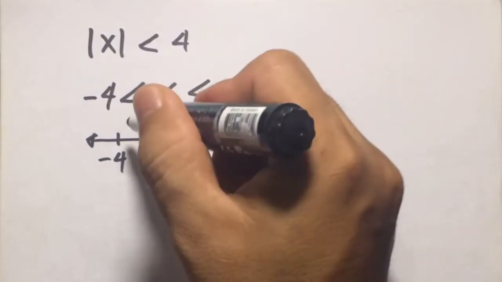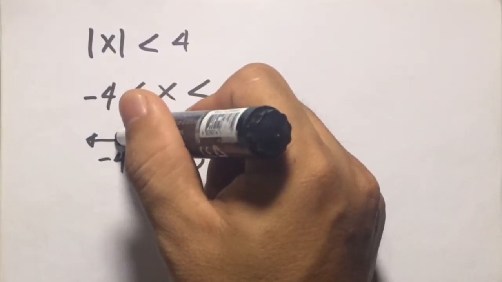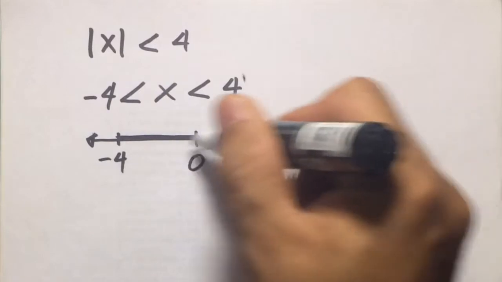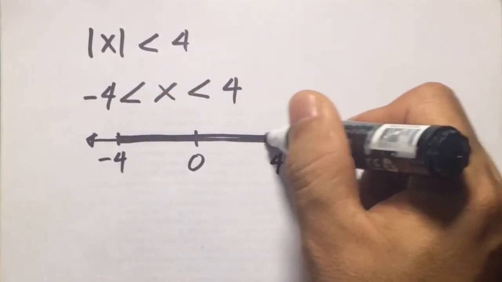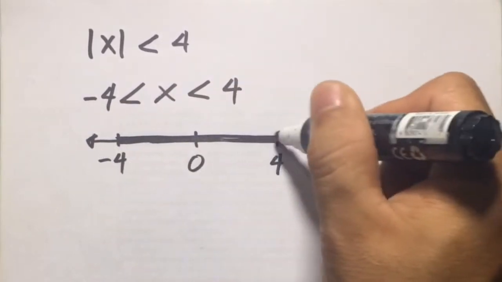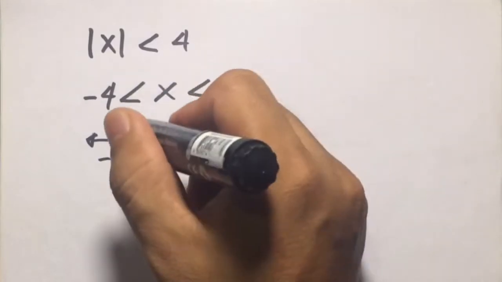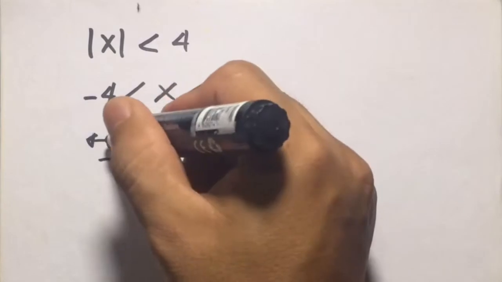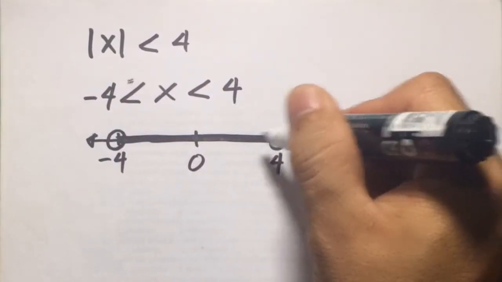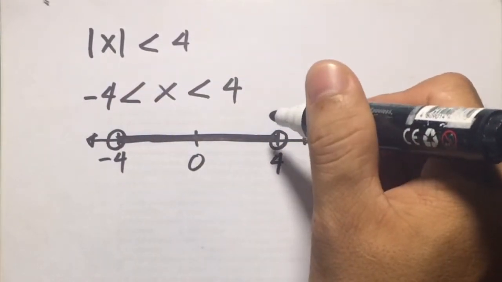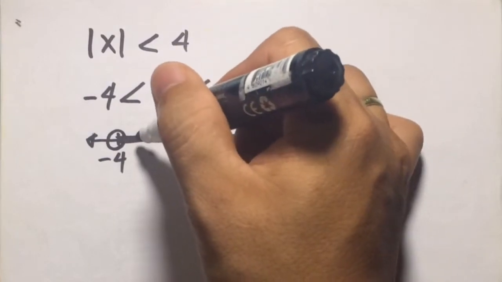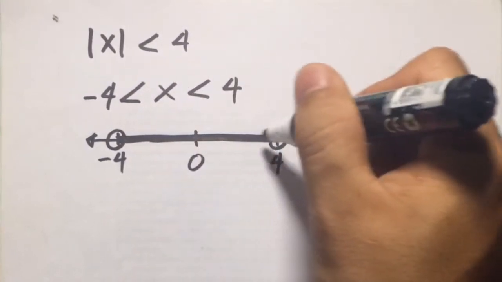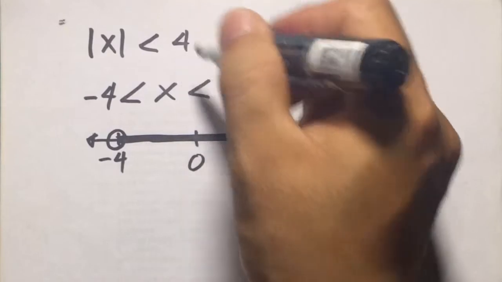And for our solution, we're going to draw a line from negative 4 to 4, but at the ends we're going to have a hollow circle. Now this means that negative 4 and 4 are not part of the solution. Now if we take any values between the two, it will make the inequality true.